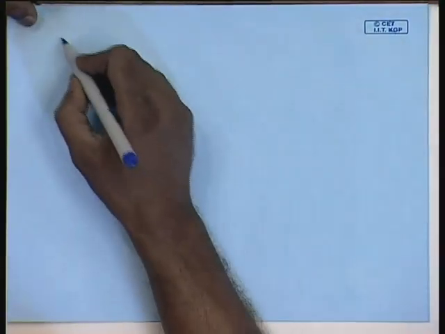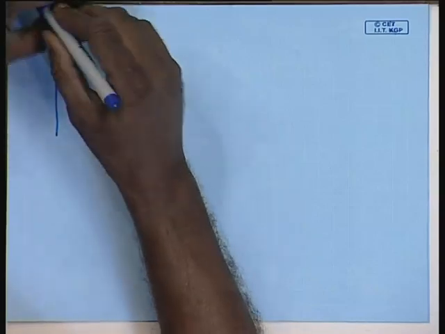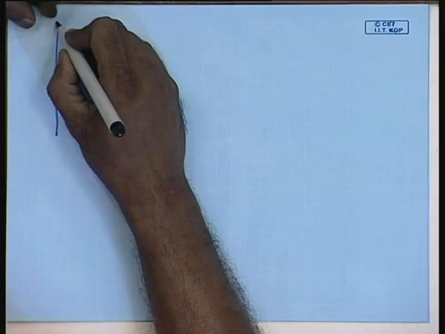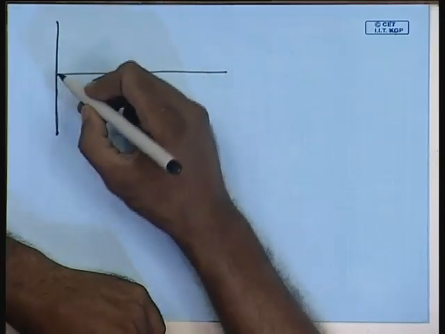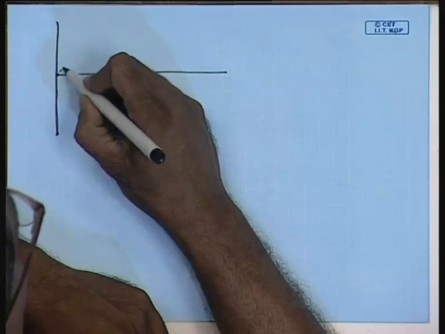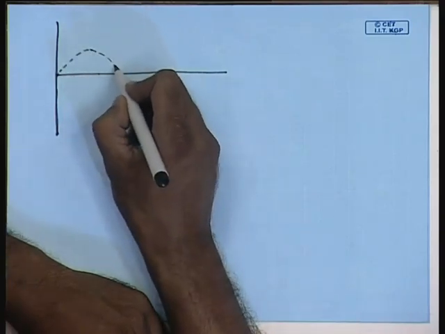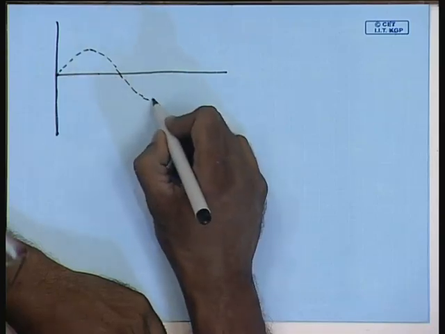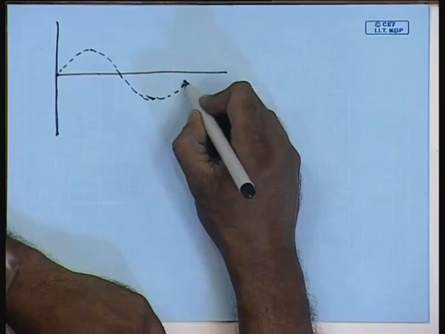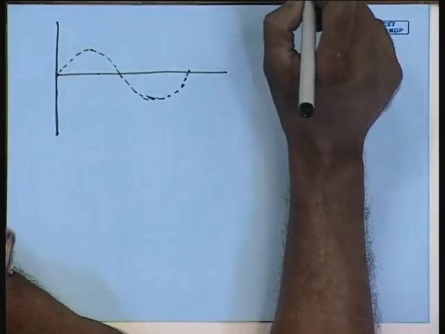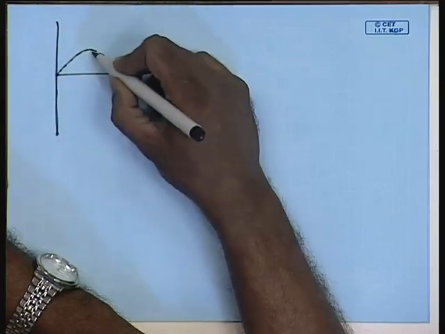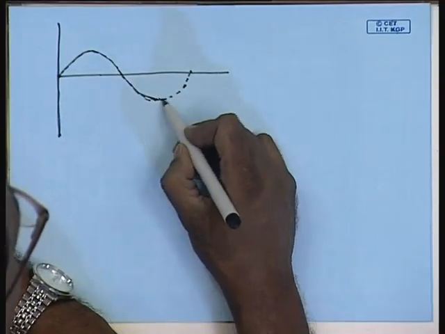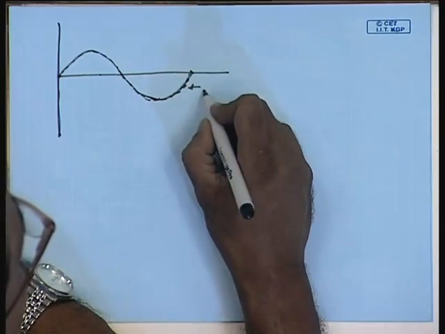Let us plot this. So, this is the applied voltage V sin omega t, applied voltage Vi.